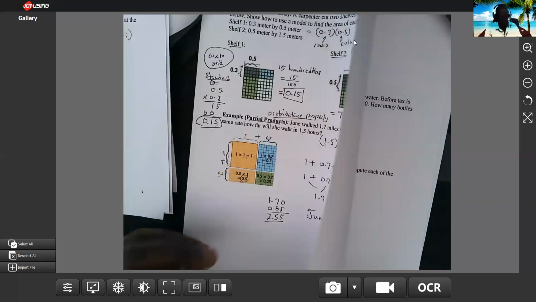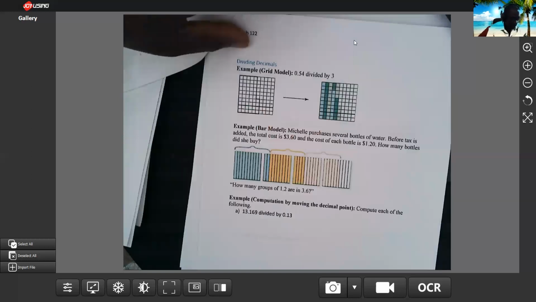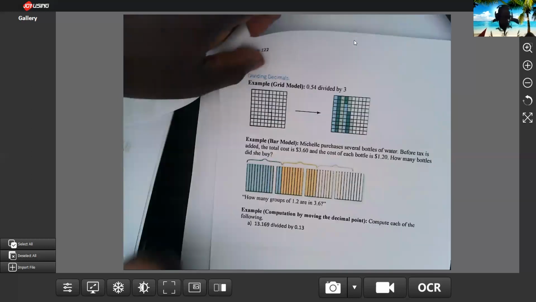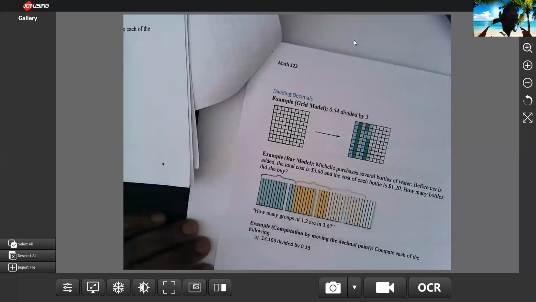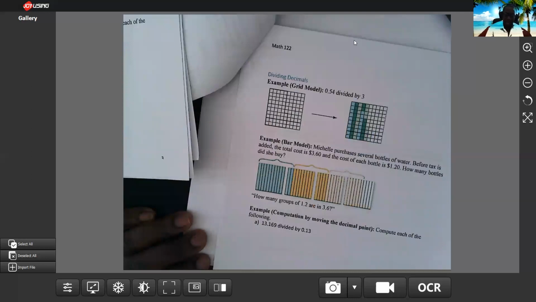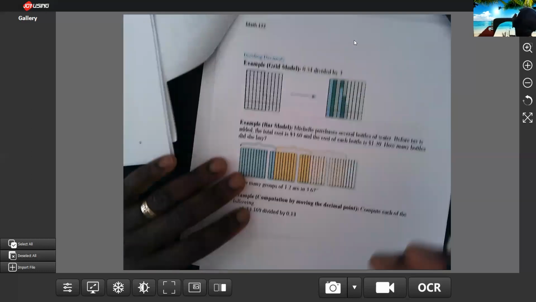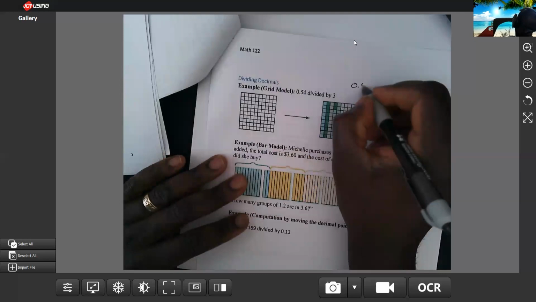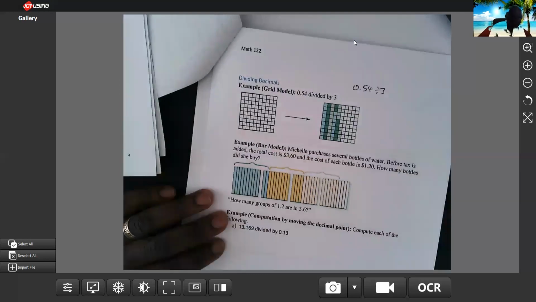Okay, let's go to the next page. Now, talking about division of what? Decimals. Division of decimals. So here's an example. It says 0.54 divided by 3.